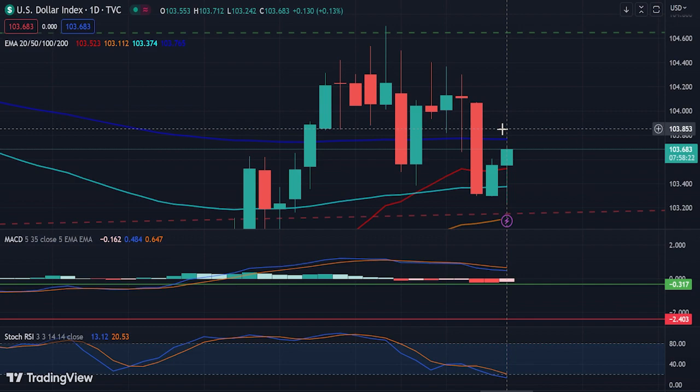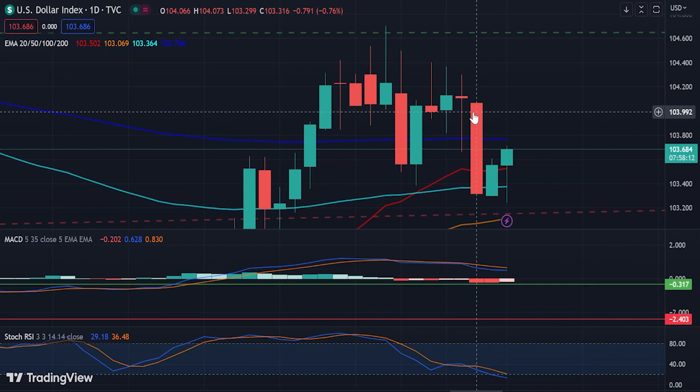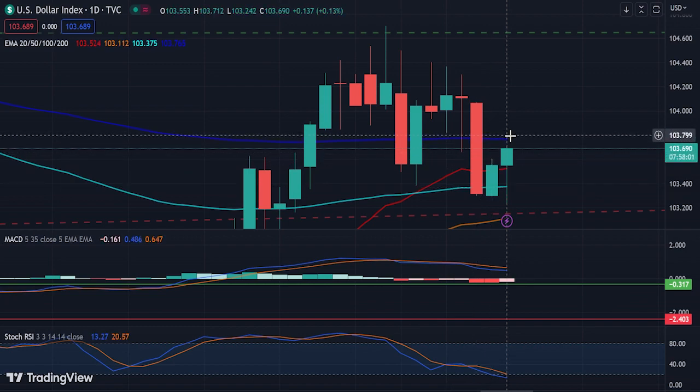I'd say at the very least 103.85 if it tries to retest recent highs, because on the daily chart it was 104.8. That's where it had this huge red candlestick. So in order for the dollar to be bullish, it has to cross above 104.